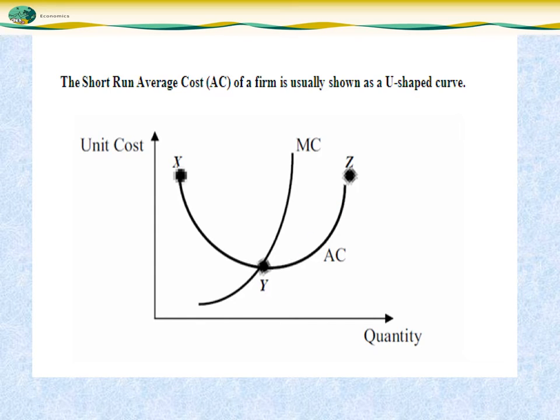Okay, so your short-run average cost curve is normally U-shaped, meaning that every time we move down along the average cost curve, so let's say this is going to be Q1, that's us producing quantity 1, and that's going to be the cost related to quantity 1. And you can see that if we move on to quantity 2, which is here, then we have a much lower cost of C2.